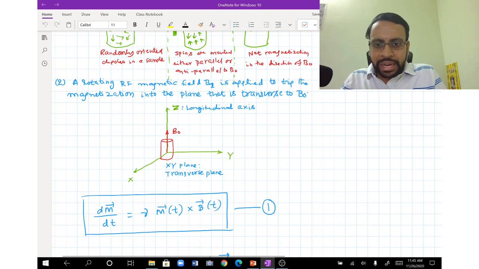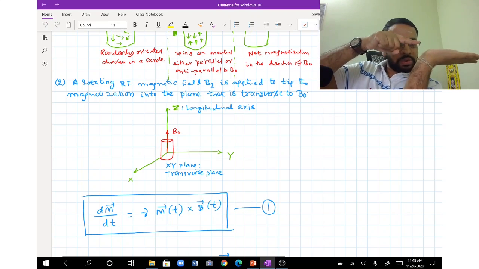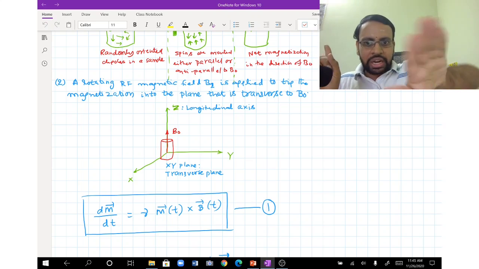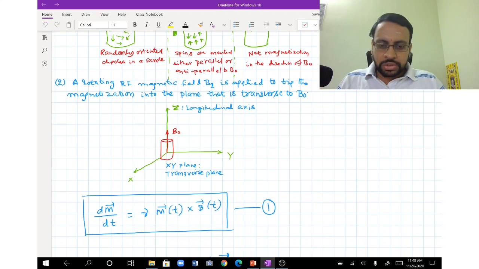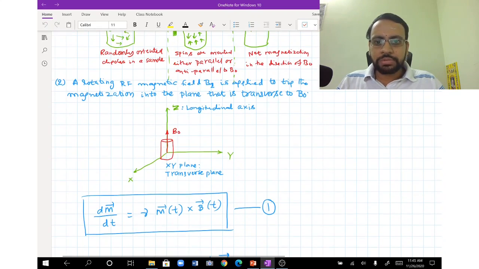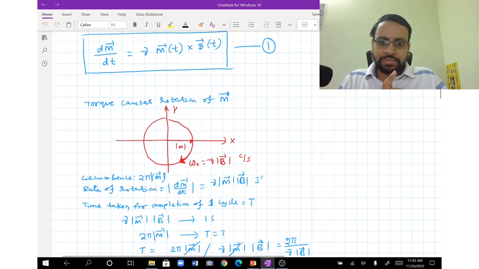So you applied in the xy plane a force such that it has tipped to the xy plane, and then you stopped your excitation and it's rotating in the xy plane. So this is the top view of it I am plotting now. Instead of looking at all these vectors in the 3D plane, I would comfortably move to the xy plane, okay, and then try to make an interpretation of this equation.